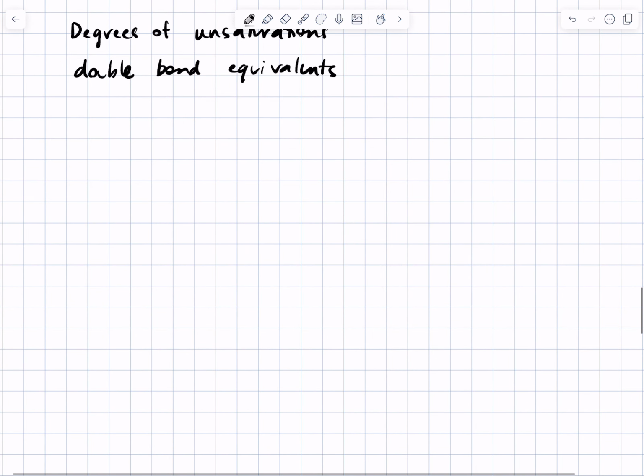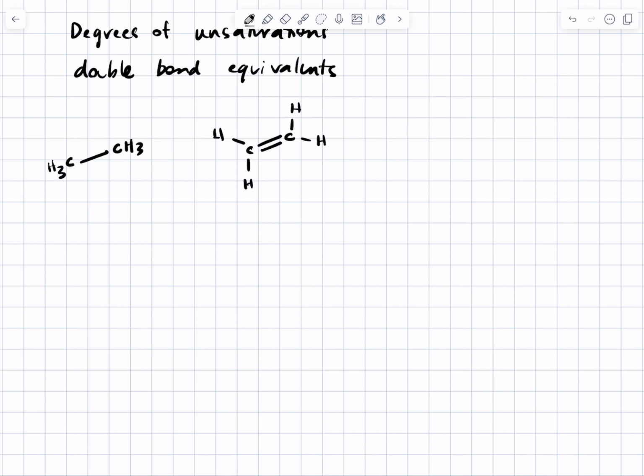The idea here is that if I have a fully saturated hydrocarbon versus a monounsaturated hydrocarbon, compare how their molecular formulas differ. Ethane versus the corresponding alkene, C2H4 versus C2H6.